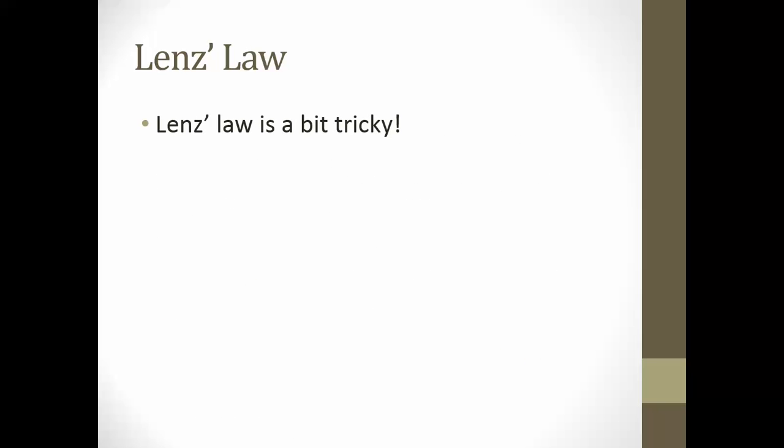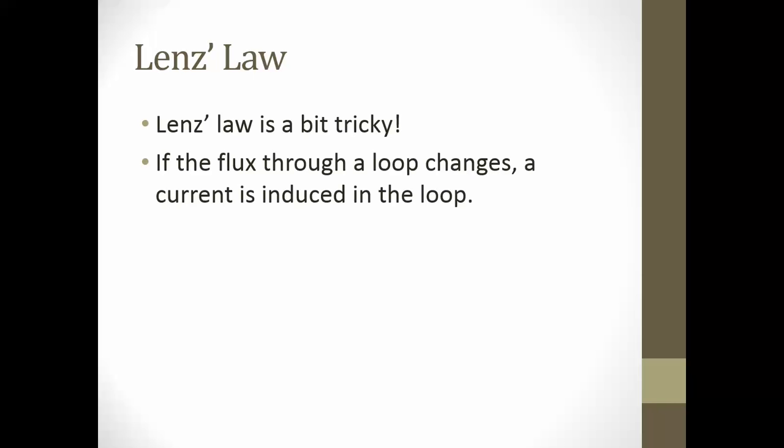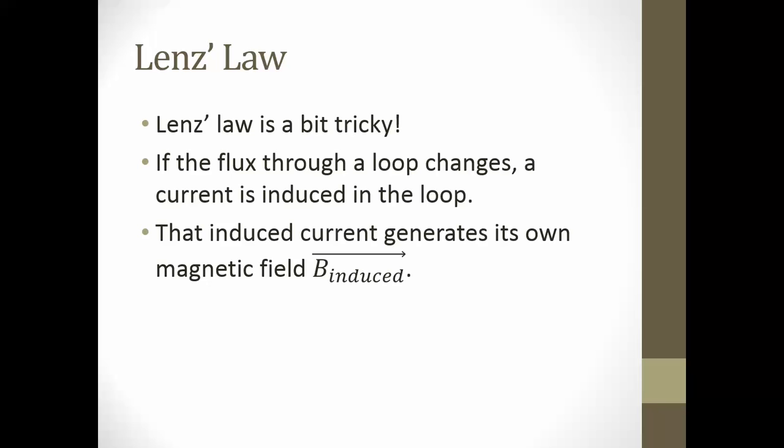All right, so Lenz's law is a bit tricky. We're going to go through a few examples. Some big ideas you should understand. If the flux through the loop changes, we get a current. So we change the flux through a loop, we're going to induce a current. Anytime we've created a current, now we're going to have our own magnetic field. So we have an induced magnetic field as a result of the induced current.